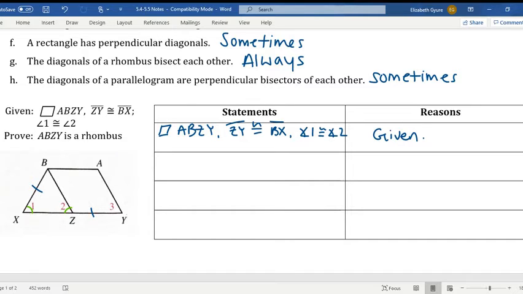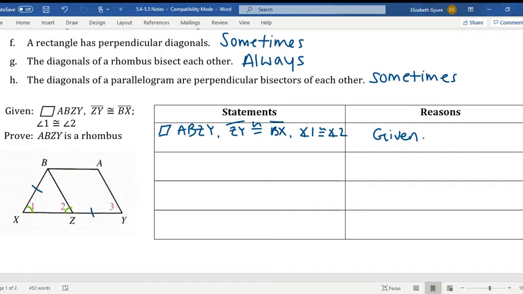Now, if we are trying to prove that something is a rhombus, go look to our definitions and our theorems above. What are some ways that we can prove a shape is a rhombus? If it has 4 congruent sides, absolutely. That's really about it, because I guess you could show that the diagonals are perpendicular, but in this situation, do we even have diagonals drawn?